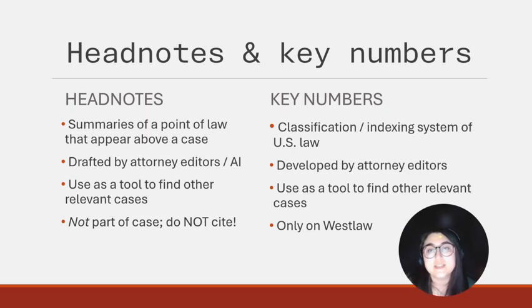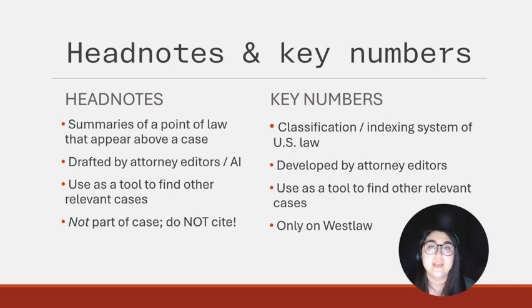This means that we can use the same key number to find relevant cases on the same topic in any jurisdiction. So let's say you found a really good case that you like, but it's outside of your jurisdiction or something. You can look at the headnotes and see the topics associated, the key numbers assigned to those topics, and then click into the key number to find other cases.